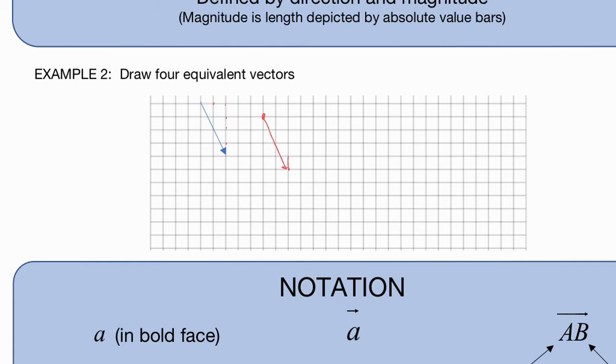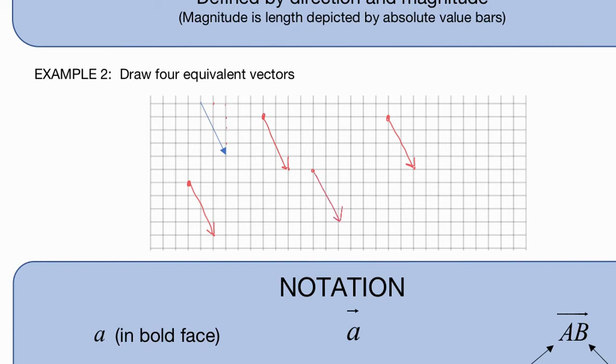That is the thing about vectors. Where they start and where they end doesn't matter as long as they have the same direction and the same magnitude. Every one of these is considered to be the same.